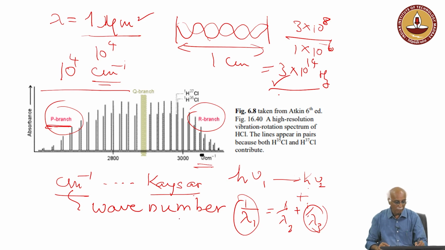So, wave number is another way of representing frequency or wavelength, and it is related to them. Many spectroscopic books may represent in terms of wave number, but you can also convert it into frequency or wavelength.